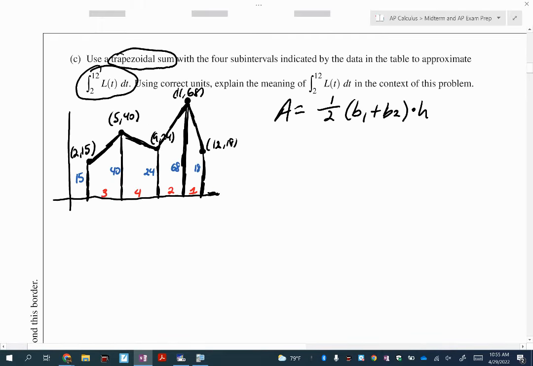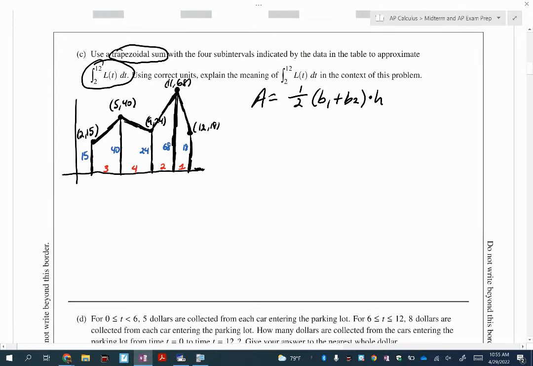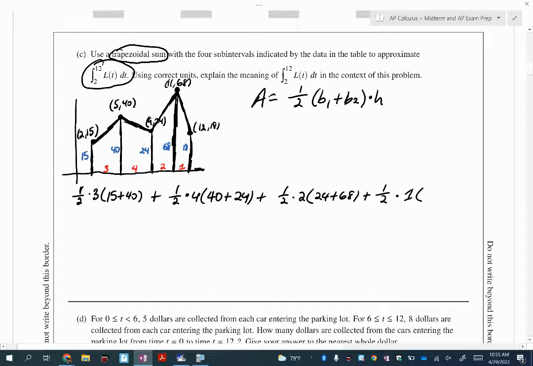All right, so I'm going to do 3 times 15 plus 40 times 1/2 plus 1/2 times 4 times 40 plus 24 plus 1/2 times 2 times 24 plus 68. And finally, the last one has a height of 1 times 68 plus 18.